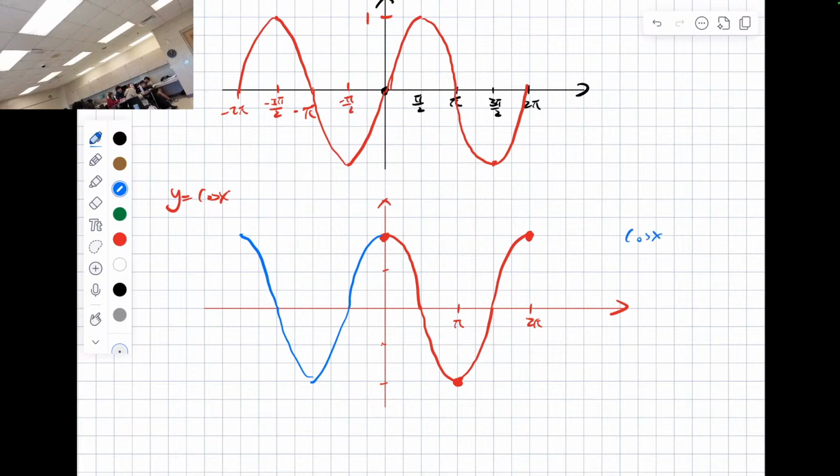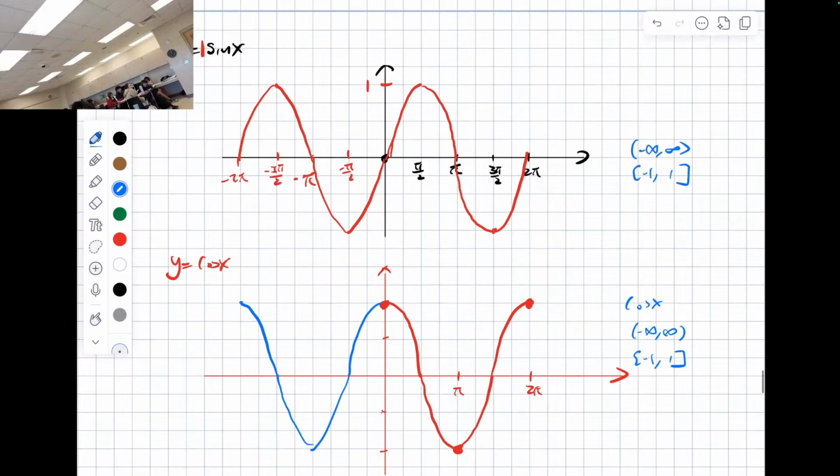Now, cosine of x has a domain of negative infinity to infinity, and a range of negative 1 to 1. And this one is also going to be negative infinity to infinity, and negative 1 to 1. The sine function is known as an odd function, because an odd function is symmetric to the origin.